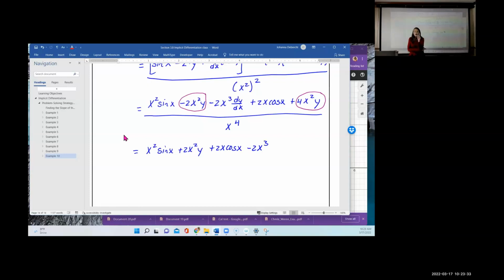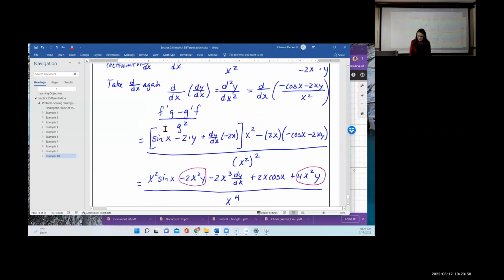Now, before I put in the dy dx, do I not know what dy dx is? Did I not have to find the first derivative before I could take the derivative again? So yeah, we know what it is. It's right here.